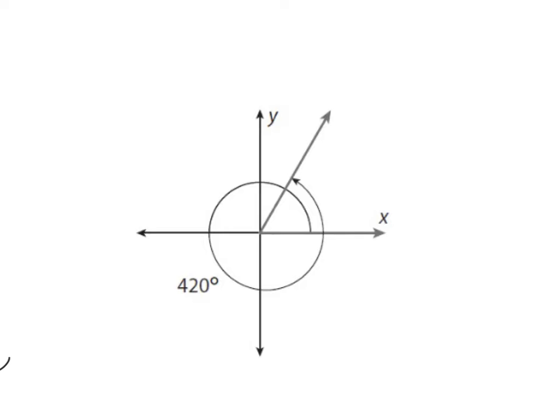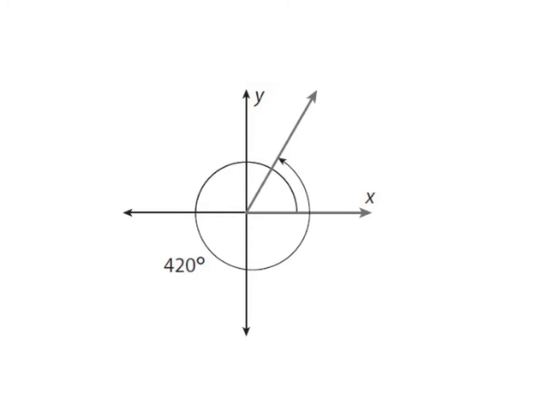In our third diagram here, you can have any number of revolutions with an angle of rotation. So for instance here, let me grab my pen. I have one complete revolution and then a little bit more.